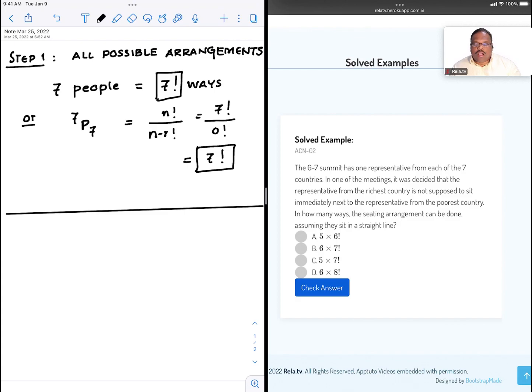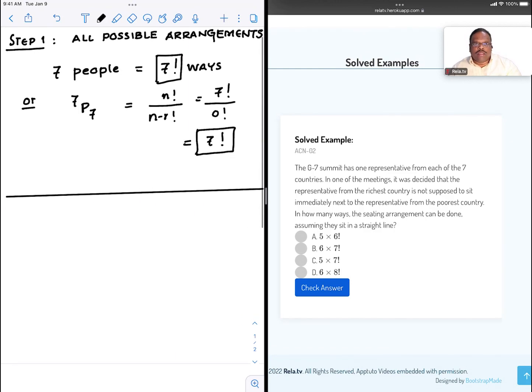We will find out how many ways they will sit together, because that's simpler. Then we will subtract that answer from this 7 factorial, and this will tell us how many ways they will not sit together. So this is an alternate approach.